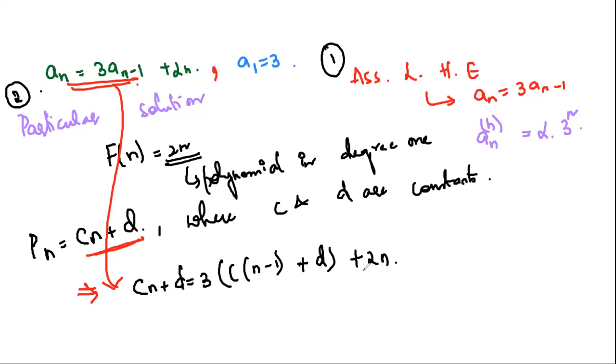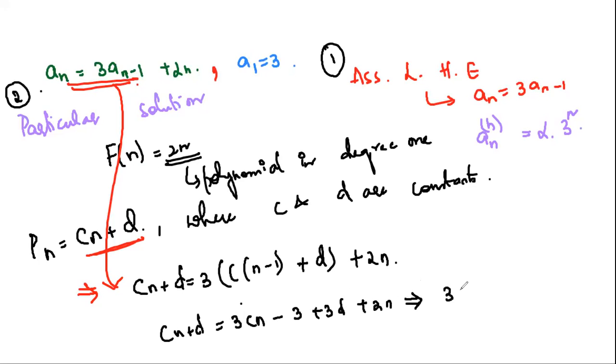Now we will solve this equation completely, bring all the terms to one side and equate it to 0. So when we do that, we will get 3cn minus 3c plus 3d plus 2n. After that, let's bring these terms to this side.